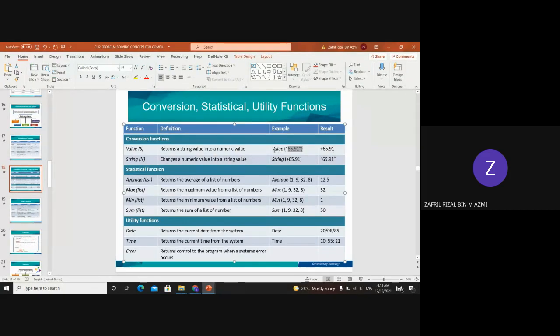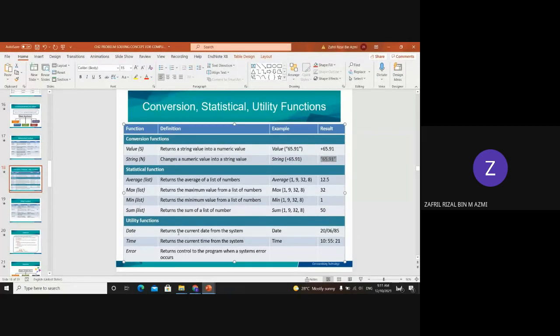So this is vice versa. You want to convert numeric to a string value. Put the value that you want to convert and you get the string value.